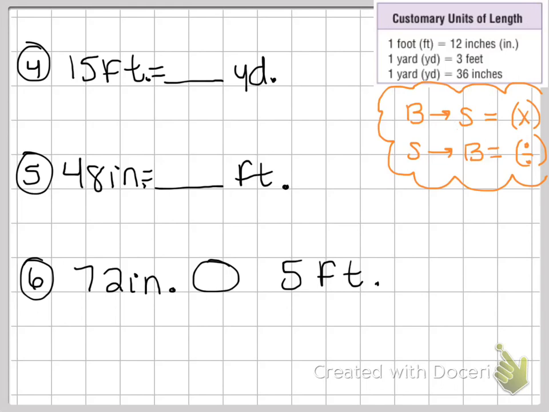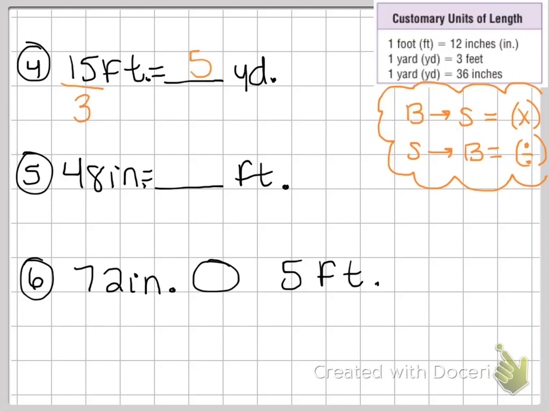Feet are smaller than yards, so this time we're going to be using the division conversion procedures to figure out how many yards is equivalent to 15 feet. So we're going to divide, because again we're going from smaller to bigger, by how many feet are in a yard. In every case there's 3 feet in a yard. So we're going to divide by 3 and get 5 yards.